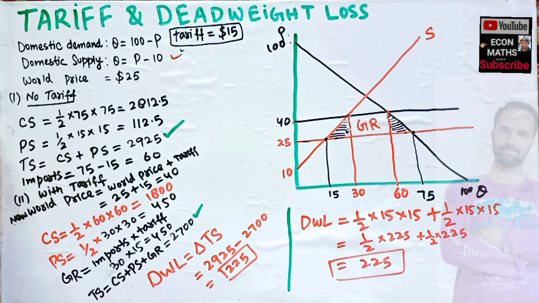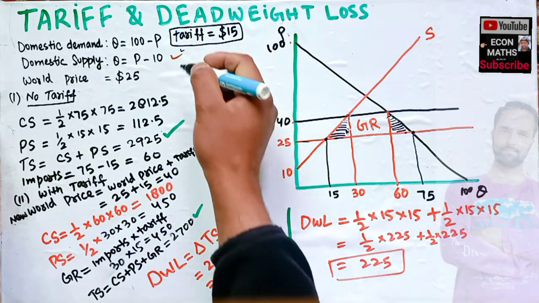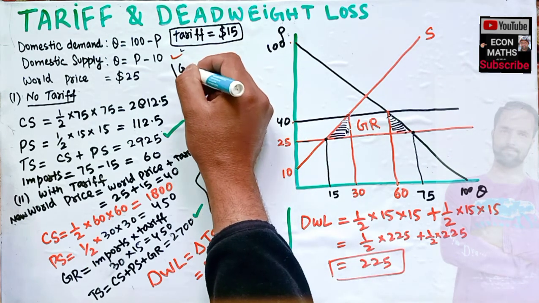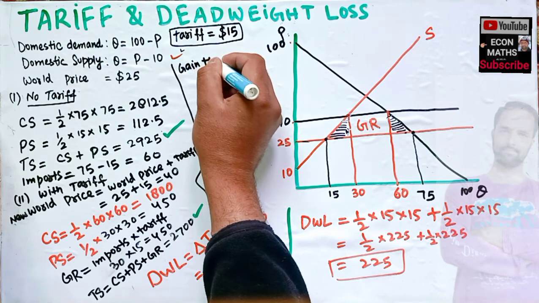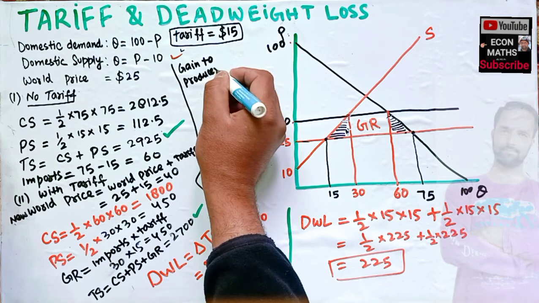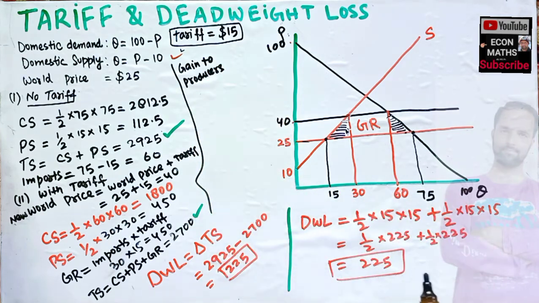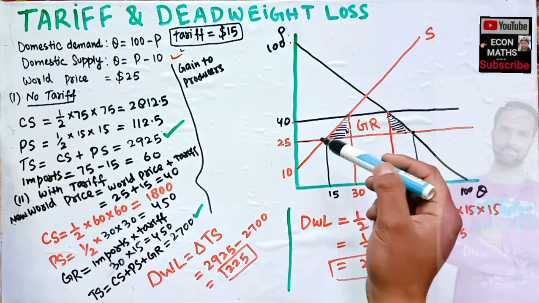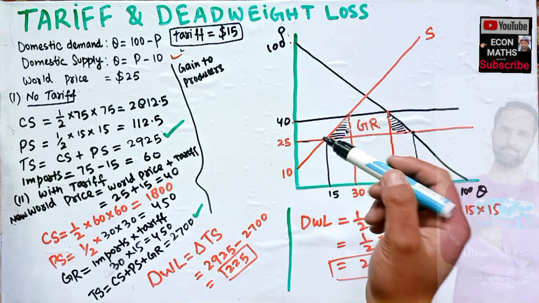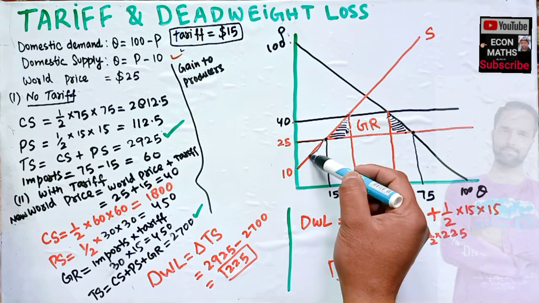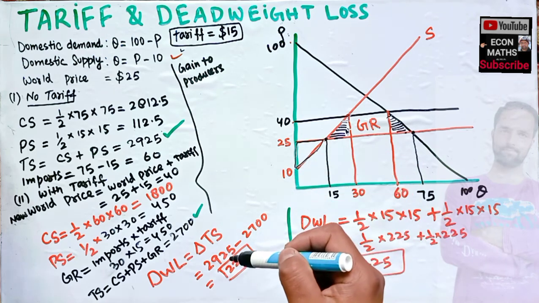Let's calculate other things here also. Now, gain to domestic producers. You can clearly see that there is a transfer of surplus from consumers to producers. Initially we had this triangle as the producer surplus.